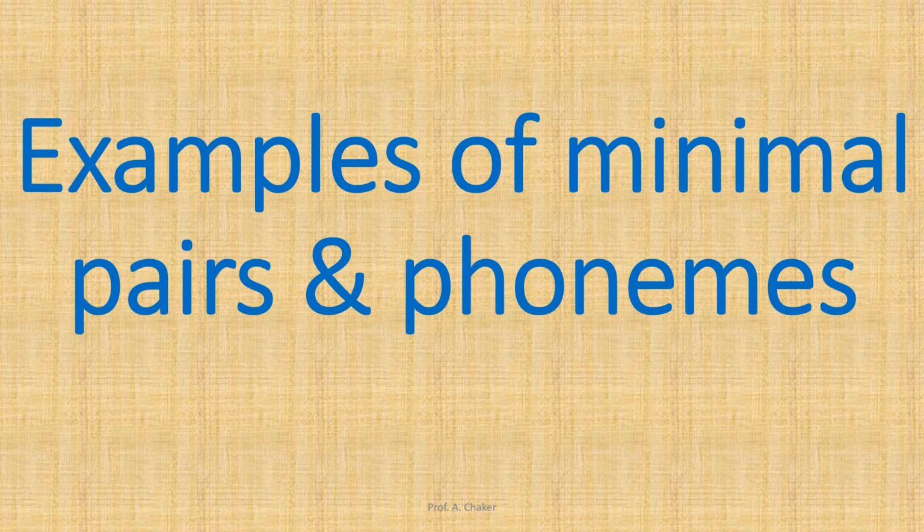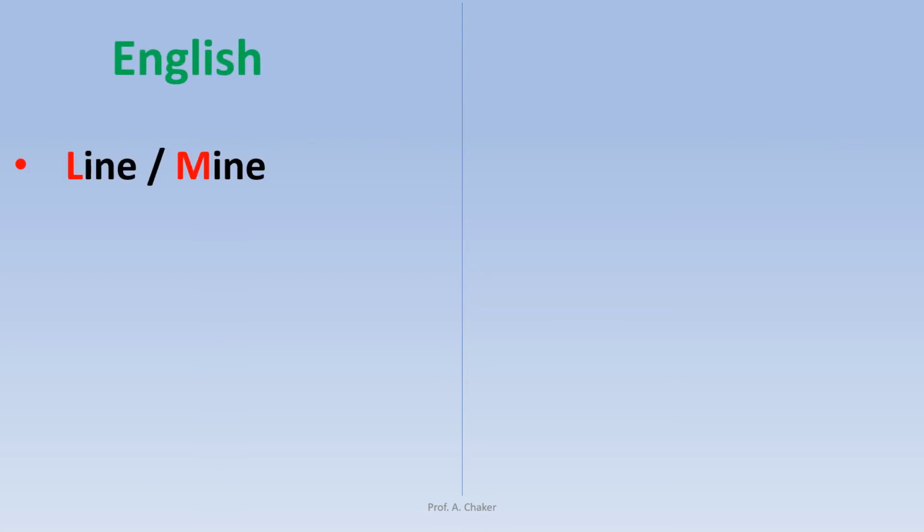Now let us see some examples of minimal pairs and phonemes. Let's start with the English language. Line, mine. If you transcribe these words, you find that the four rules of minimal pairs are satisfied. Okay? Same number of sounds. Three sounds.